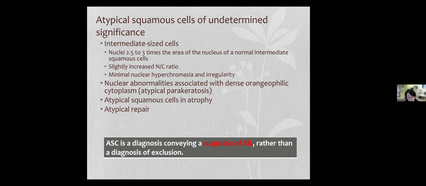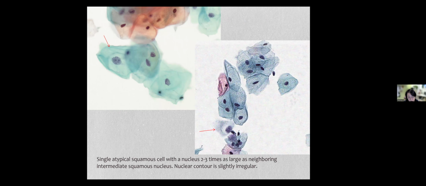ASC includes ASCUS and ASC-H, which I will talk about. This picture shows single cells with enlarged nuclei, koilocytic-looking, with slightly irregular nuclear contour. So you can call this ASCUS.